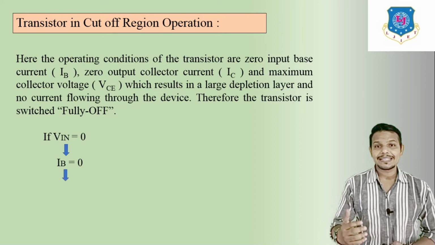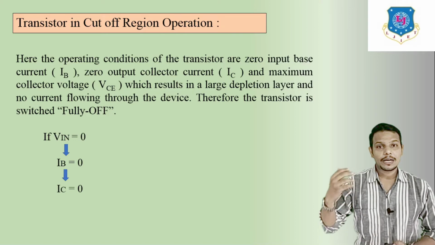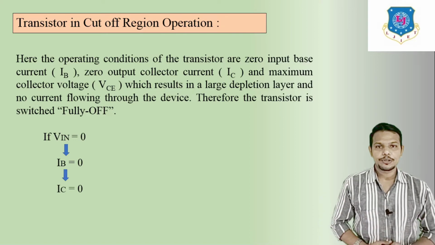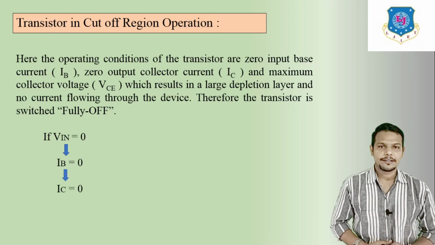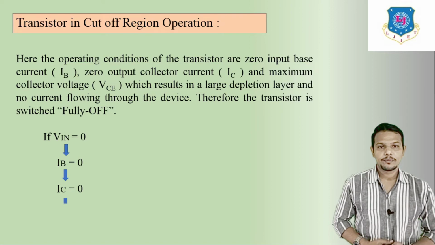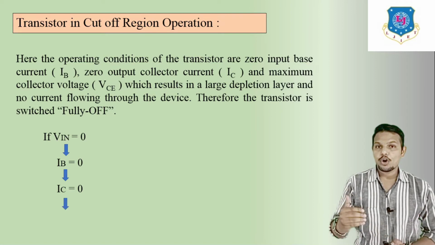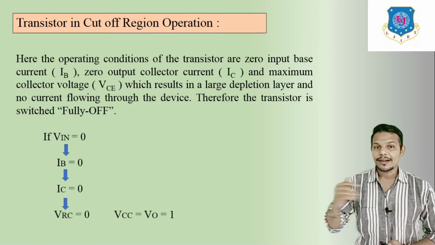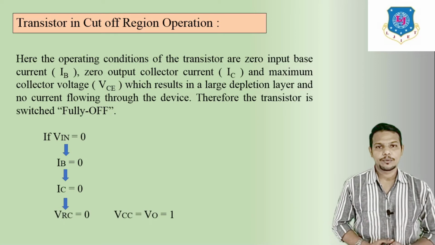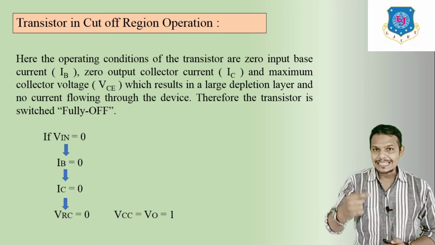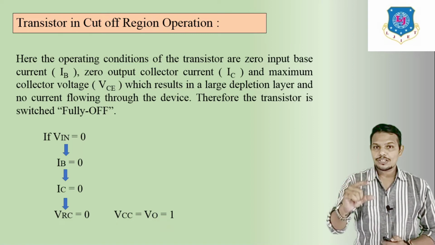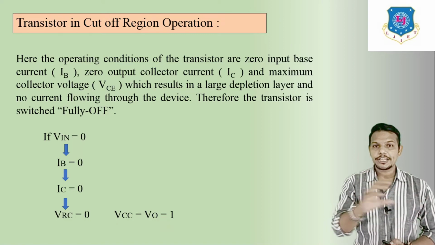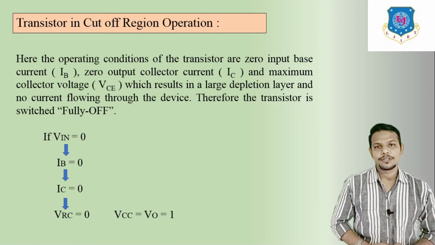If your base current is equal to 0, then your IC is equal to 0, because IC is your output current, or we can say the collector current. So it is also 0. Then the voltage drop across RC is equal to 0. If IC is equal to 0, the voltage drop across that resistor should be 0.